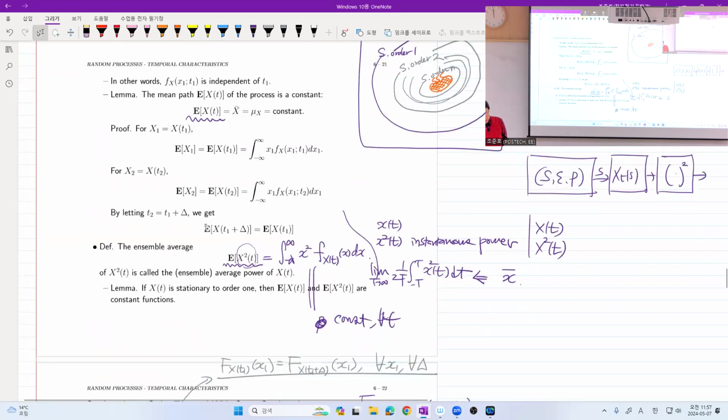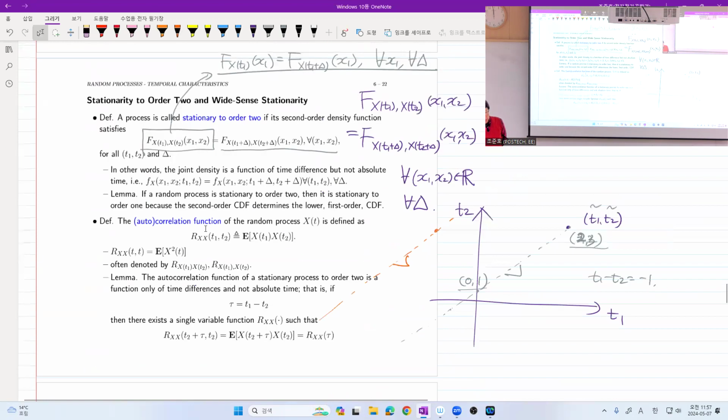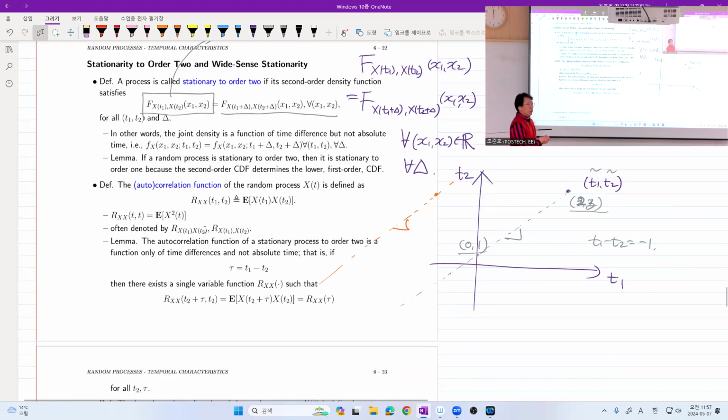Now, let's go back to our second order stationarity again. And now here goes something very useful and interesting, which is also a topic of section 6.2, I believe, but the more in-depth discussion on this topic will be deferred. But anyway, let's see. So here goes something strange.